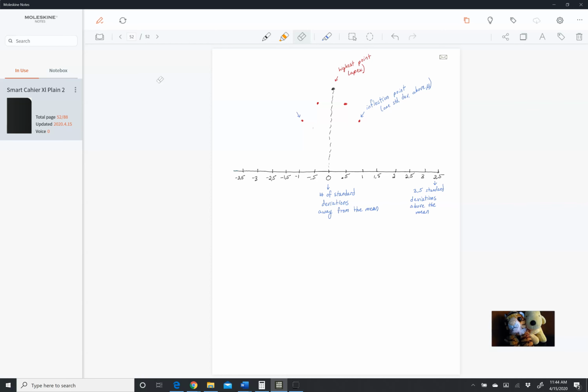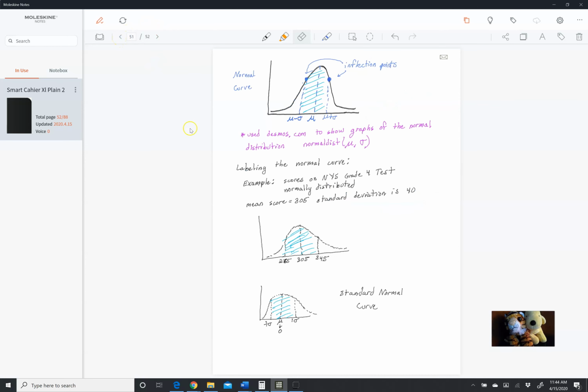This would also be an inflection point. This is 1 standard deviation below the mean. So if we wanted to tell you what the inflection points were here, it would be this point and this point. Okay, 1 standard deviation above, 1 standard deviation below.